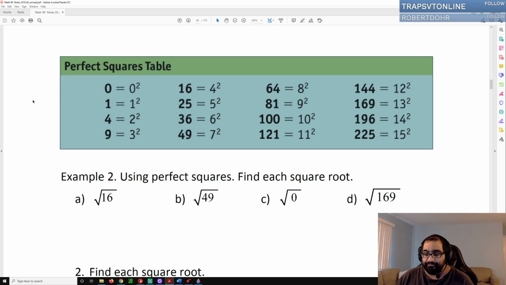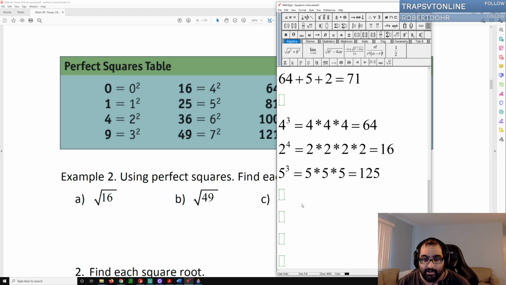So this little table here will be a very big help for us into determining square roots, because we can figure out what number squared is equal to that number underneath the square root. So let's go ahead and take a look here, and let's try some examples and see what answers we get here. So we'll try that first one.